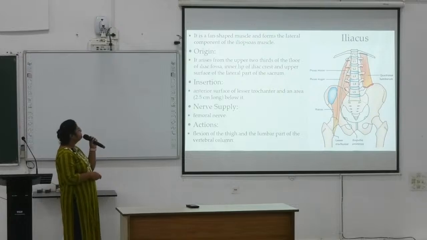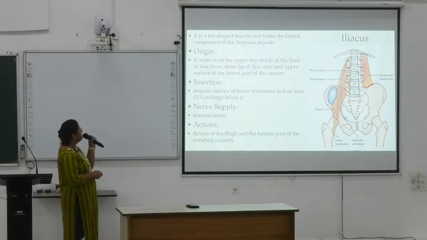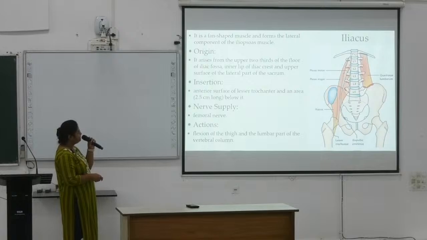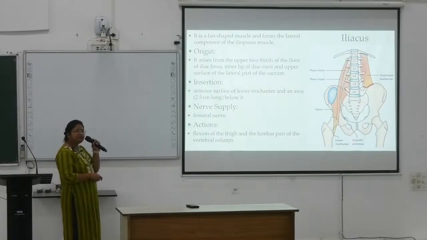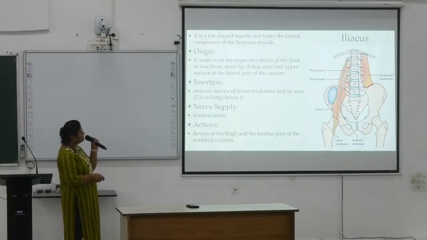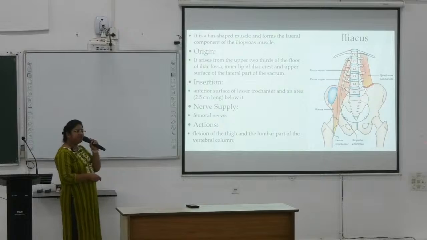This is the origin of iliacus. Insertion into the anterior surface of the lesser trochanter and an area 2.5 cm long below it, extending towards the shaft on the anterior surface.